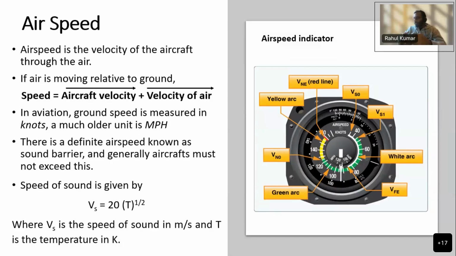The next air data indicator that we are going to study is your airspeed indicator. Airspeed is the velocity of an aircraft through air.